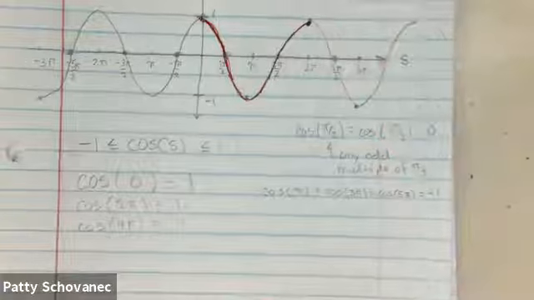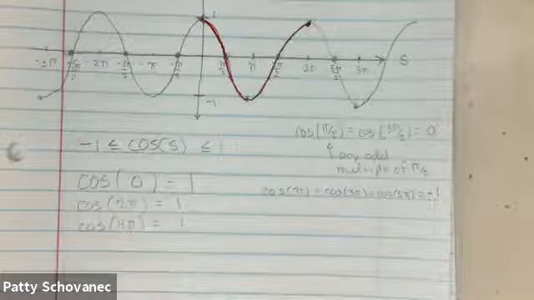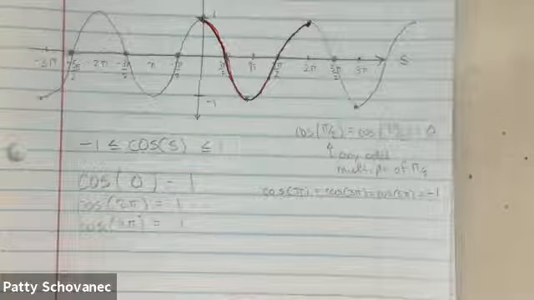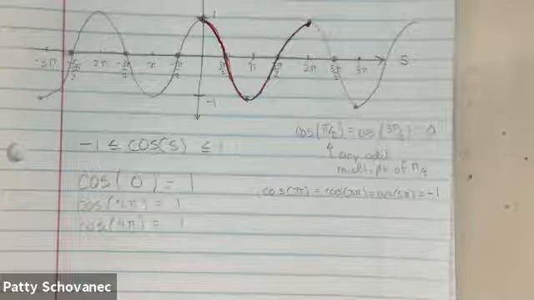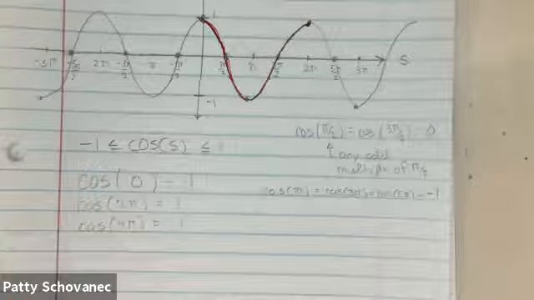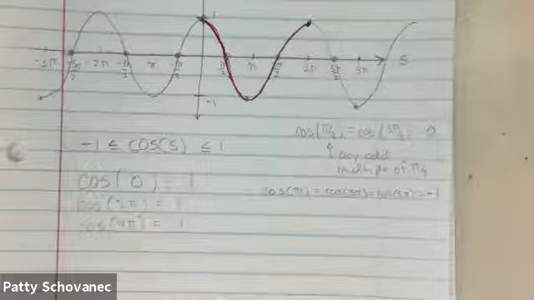The rest of the graph looks like that one period over and over and over. Please remember, sine, up, down, up. Cosine kind of looks like a big old bucket.